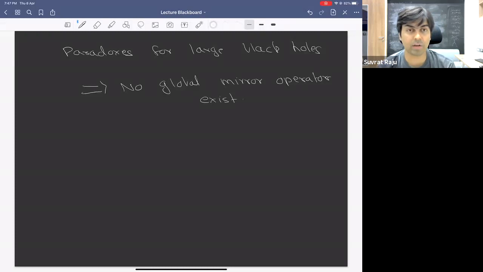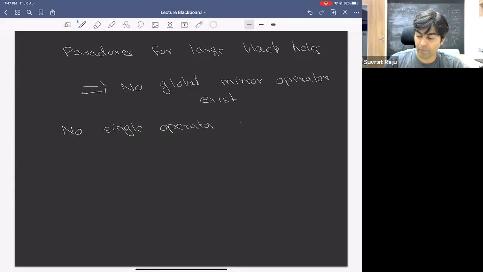So the mirror operator construction that we defined works for some states, and you could start extending it so that it works for some combination or direct sum of little Hilbert spaces, but you cannot find a single operator that works for all spaces. Okay? So no single operator can simultaneously work about all typical states.